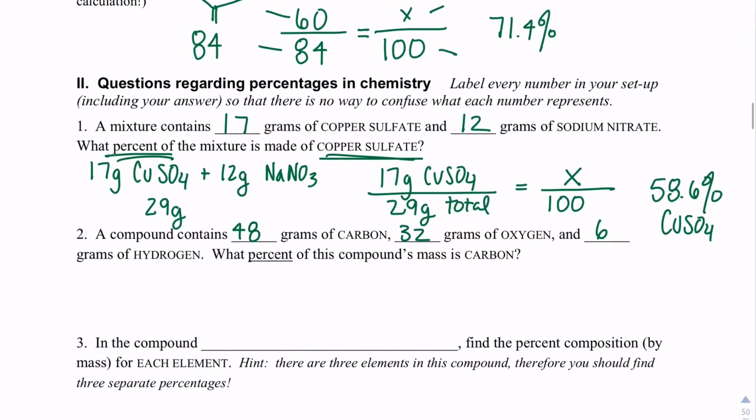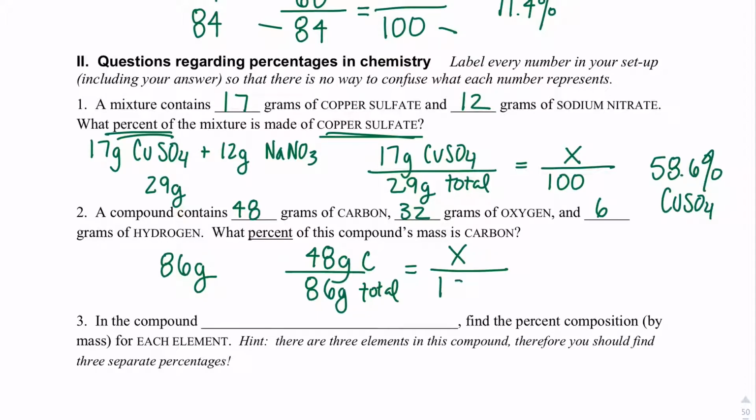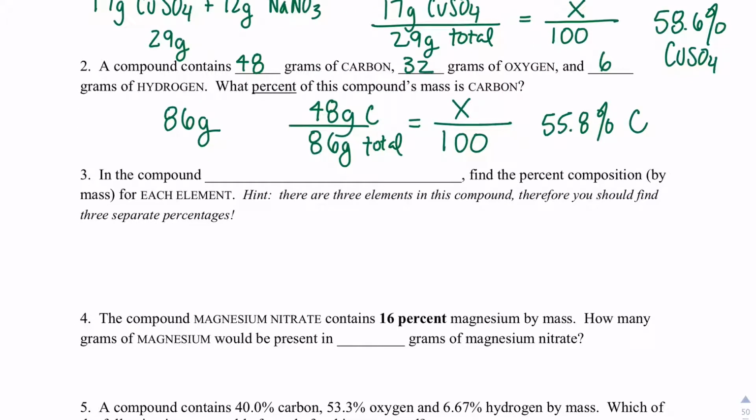So we would have to add 48, 32, and 6 together for a total weight of 86 grams. Then we can look at the percent of carbon by setting up our proportion. 48 grams over 86 grams total, so that's carbon total, is equal to some amount over 100. This is our percent making. And it's about 55.8% carbon.